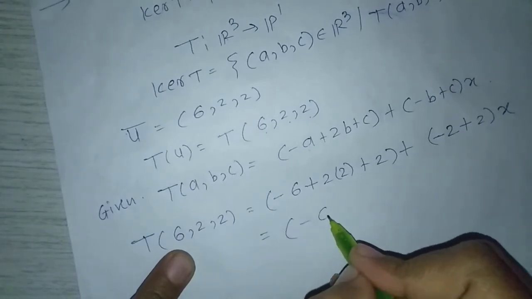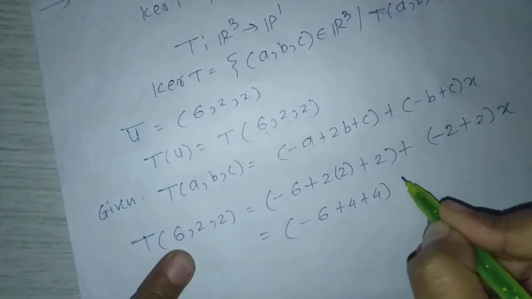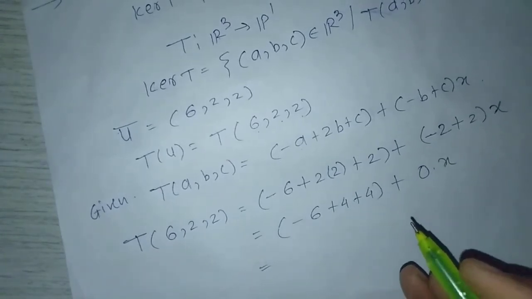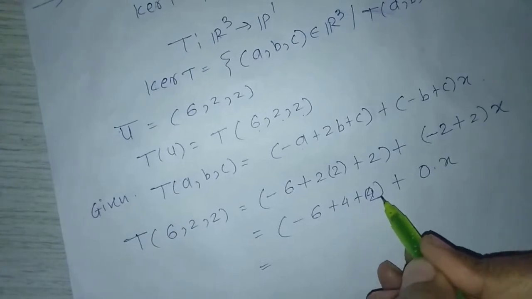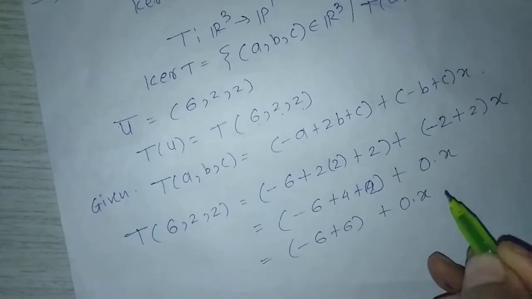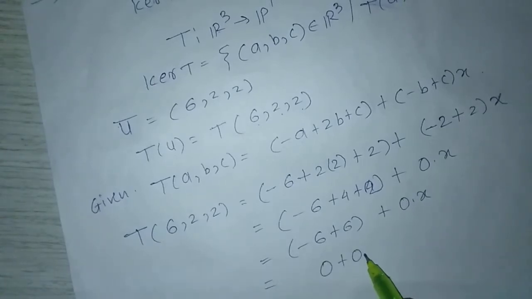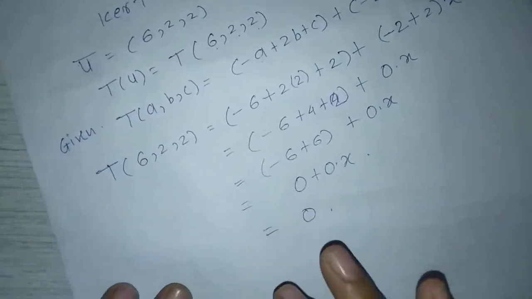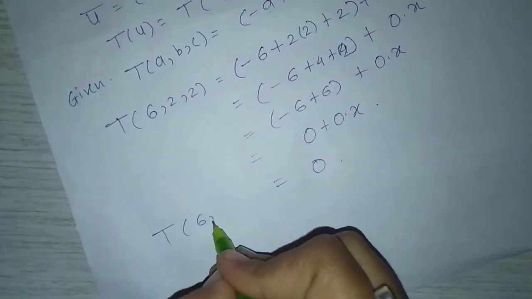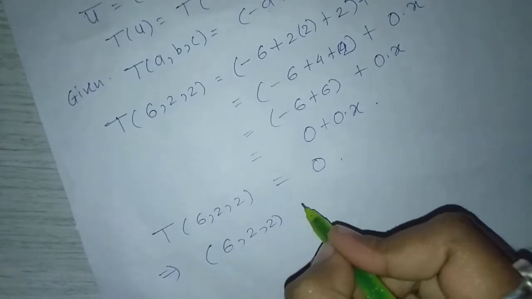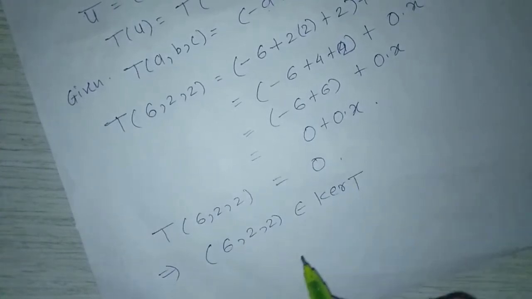We get minus 6 plus 4 plus 2 plus (−2 + 2)x, sorry, here not 4 but 2, so minus 6 plus 6 plus 0 into x equals 0 plus 0 into x, which is nothing but the zero polynomial. So here we get T of (6, 2, 2) equal to 0, which implies (6, 2, 2) belongs to the kernel of T.